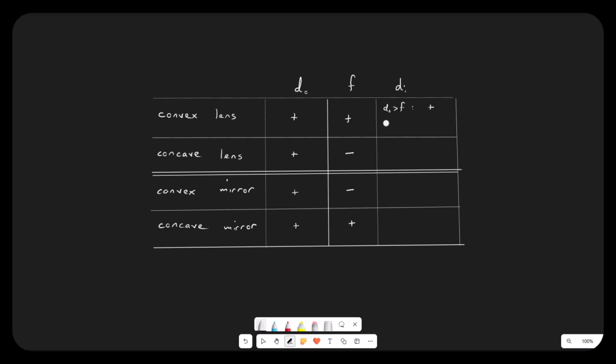If I have D object equals focal length, I'm going to get infinity. It's not something I'm going to be able to solve, which tells me my image is formed infinitely far away. That's like my image not being formed. And if I have D object less than my focal length, I'm going to have a negative DI.